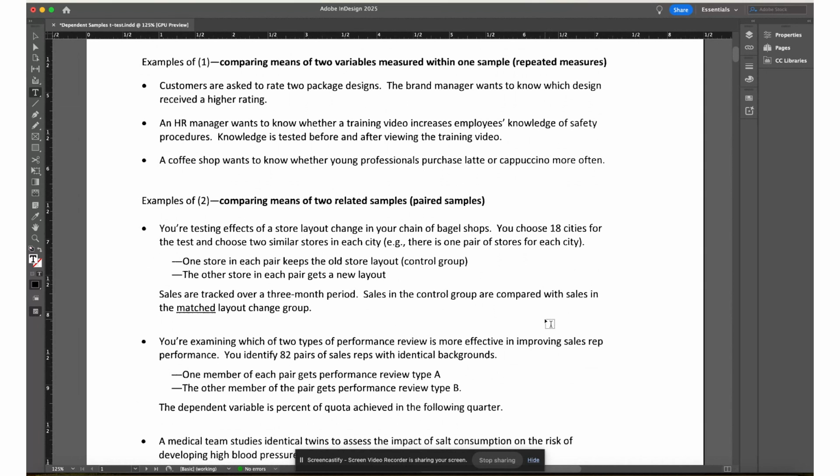So this could be, let's say, they have the same age, gender, and educational background, and they get paired up. And then one gets performance review type A, the other one performance review type B. And then they compare their percent of quota. So in this case, the relationship is that they are paired together with their identical backgrounds.